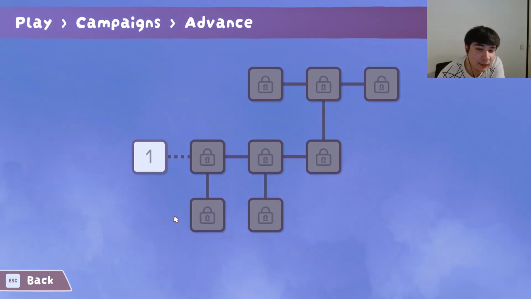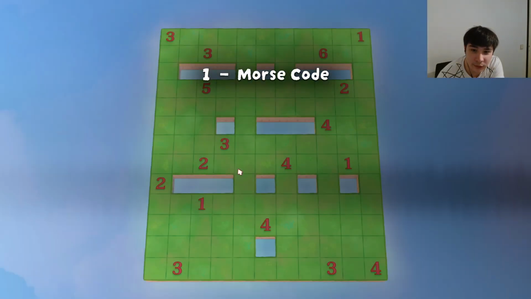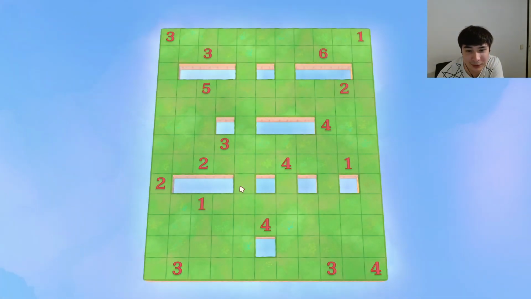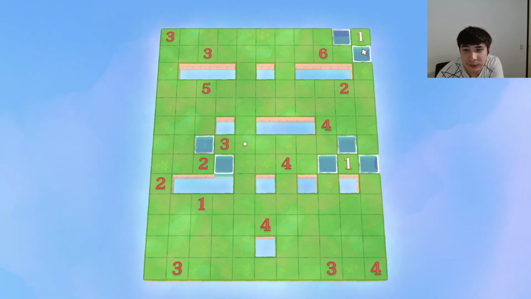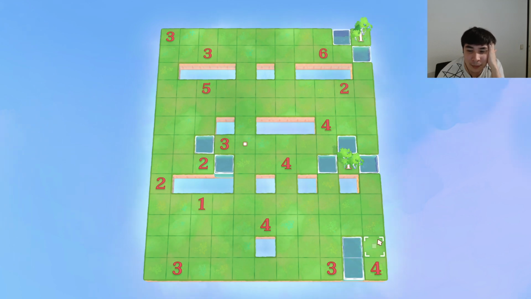And let's take a peek into Advance. Morse code to start with. Okay, we have Morse code shaped gaps. I think this is just going to be sort of easier, but easier in quotation marks, levels, which are fairly standard Nurikabe variations with the gaps though.